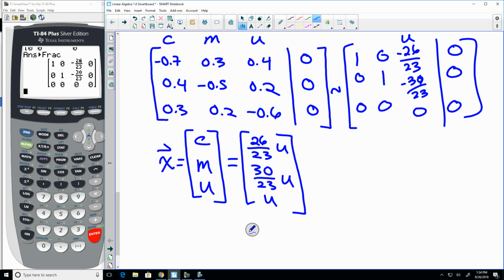And the problem says if the total dollar value of USA's output is 60 billion US dollars, what's the value of Canada and Mexico's output in billions of dollars? So if we know the United States, can we get the other ones? Yeah. So we're going to say let U be 60. So X is going to be approximately, we're going to round these to 2 decimal places.